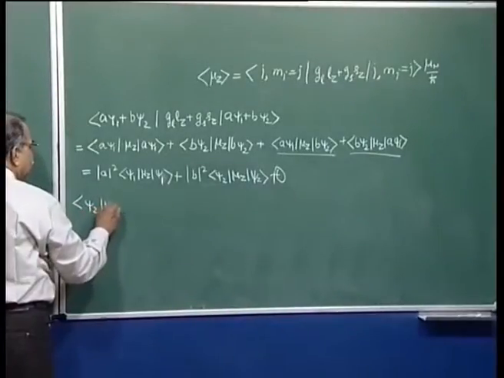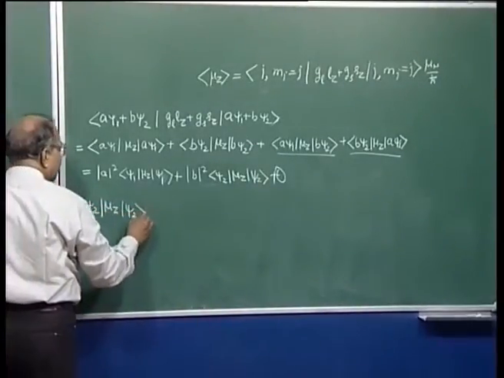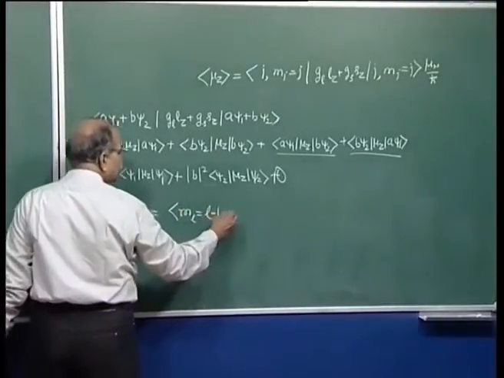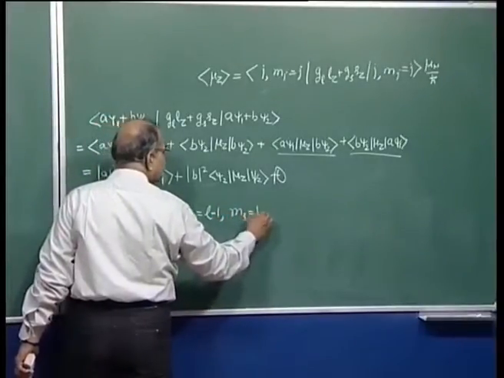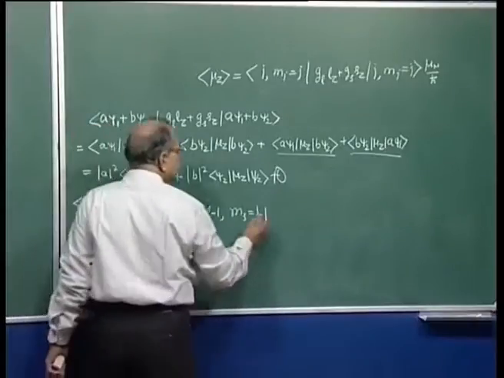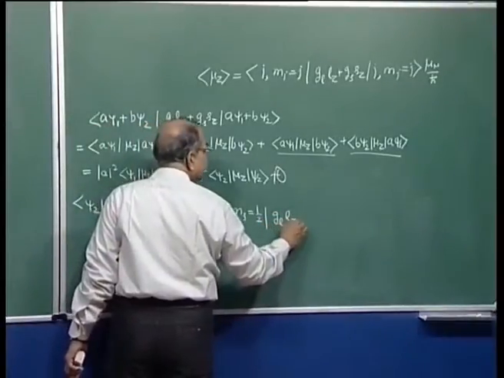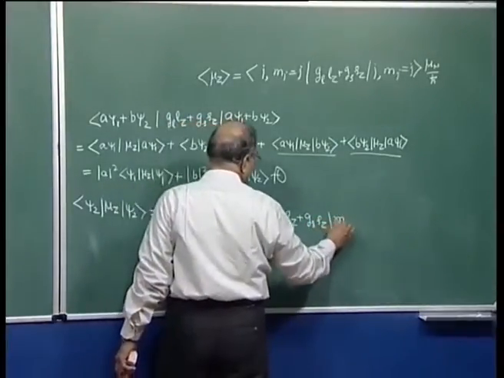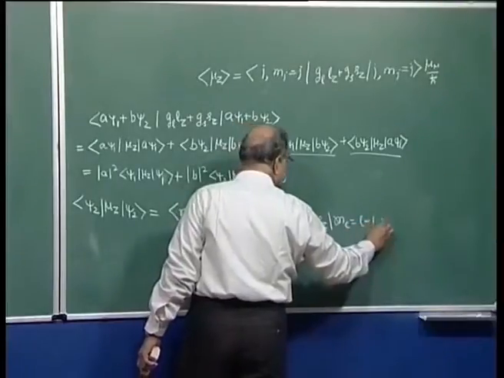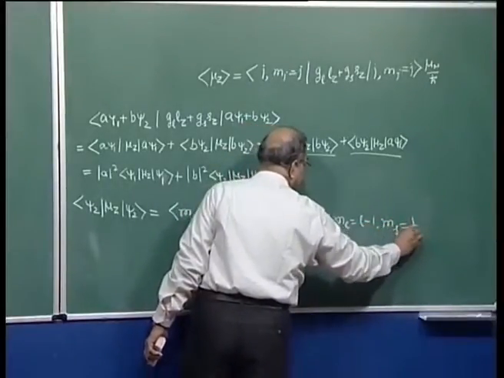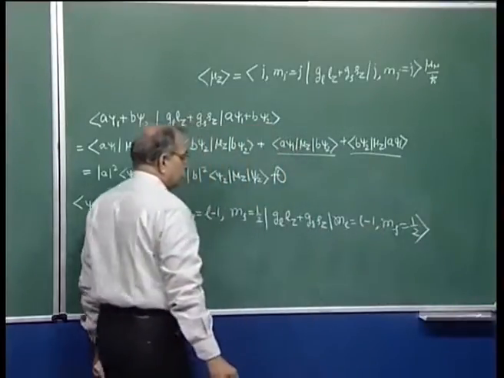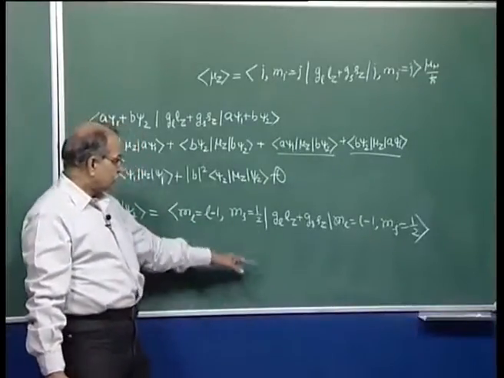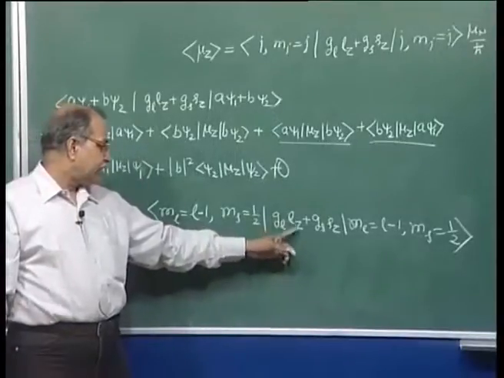Psi 2 mu z psi 2, where psi 2 means ML is L minus 1 and MS is half, and then mu z is GL LZ plus GS SZ, and then the same wave function.